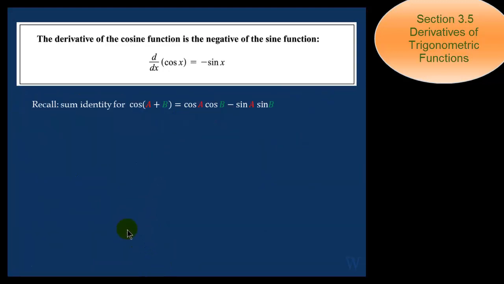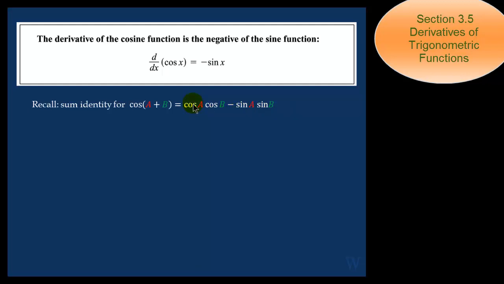Now if we take the derivative of cosine x, this time we will use the sum identity for cosine of a plus b, and it's equal to the cosine of a times the cosine of b, and instead of having a plus sign we have the opposite sign here, so it's plus here and that's minus here, so it's minus sine a times sine b.